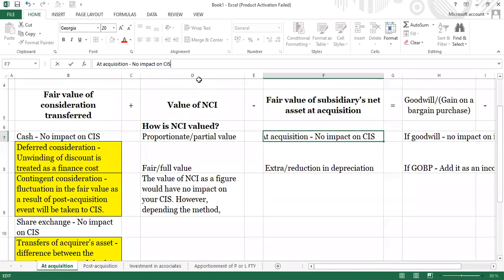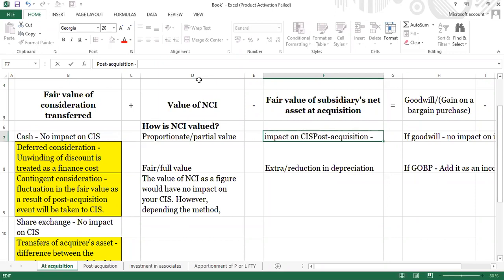However, if it is happening post-acquisition, the question will tell you clearly that maybe there is an asset whose fair value post-acquisition is different from its carrying amount. Maybe it's an item of PPE. Such may have an impact on the profit or loss.